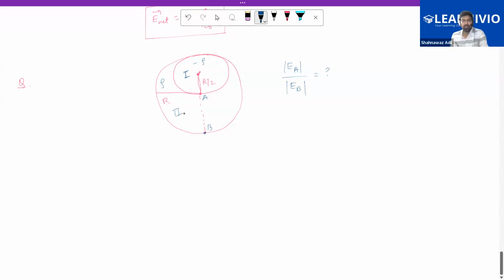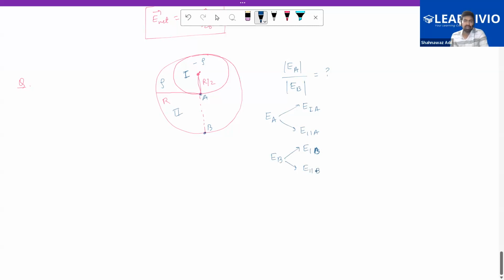If I calculate the electric field at A, it will have 2 contributions: one would be E1A, second would be E2A. The second point would be B, and this one will also have 2 contributions, E1B and E2B.